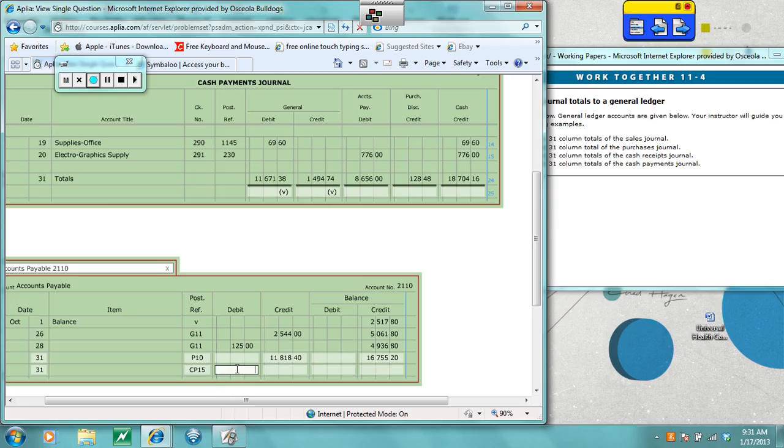Okay. Debit, $8,656. So we have a credit here, a debit here. They're opposite, so we will subtract. This credit is bigger than this debit, so we'll have a credit balance. Do your math. The account number in parentheses.